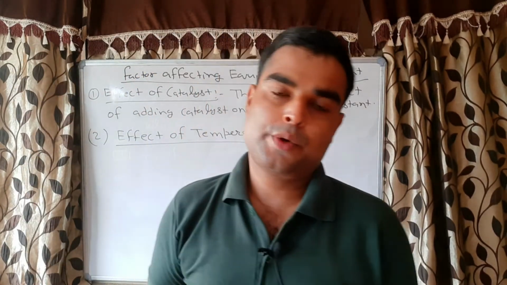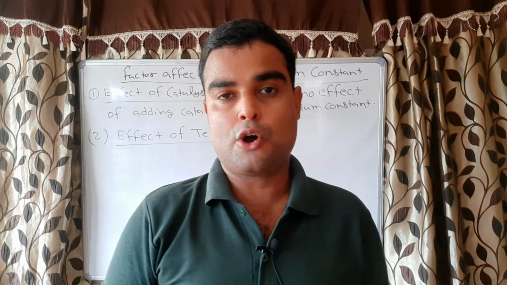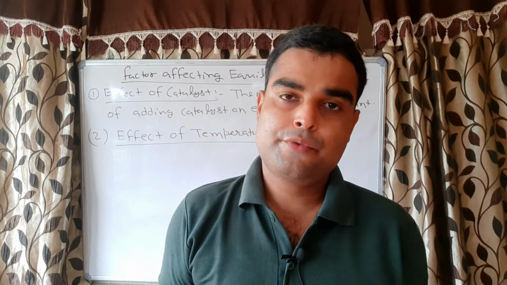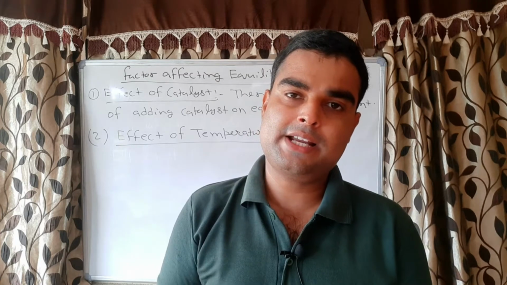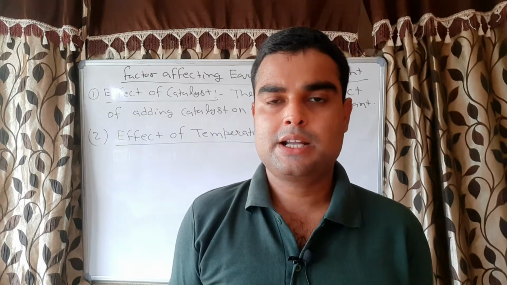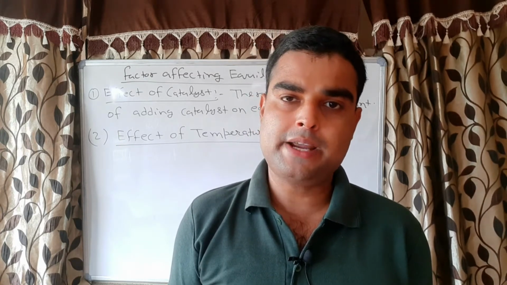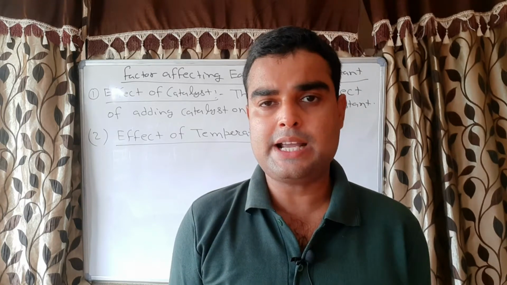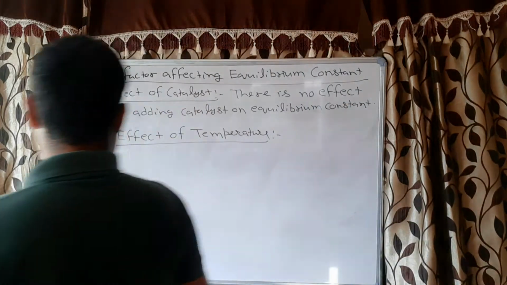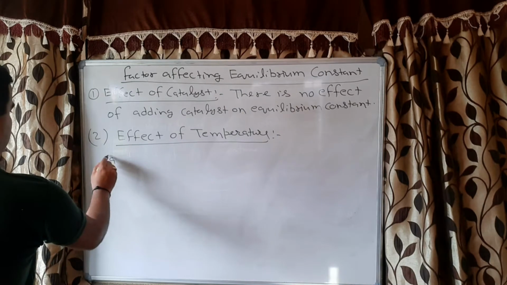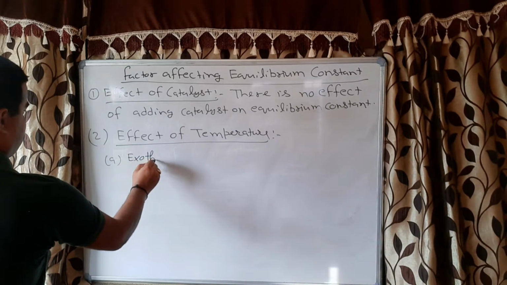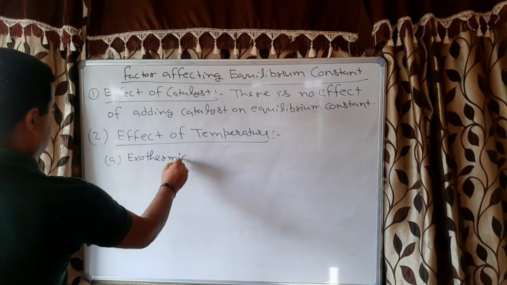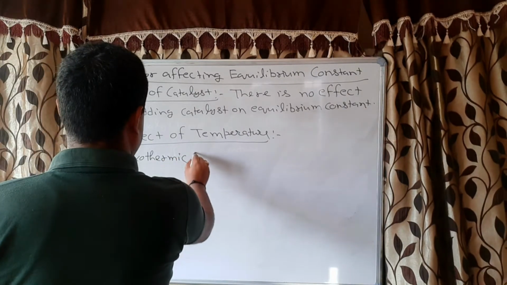Now to study the effect of temperature on equilibrium constant, we have to consider two conditions. One is exothermic condition and second is endothermic condition. So first we will study exothermic reaction.